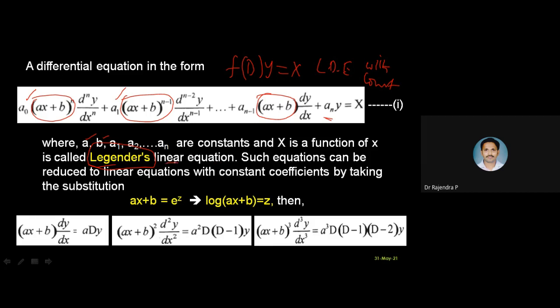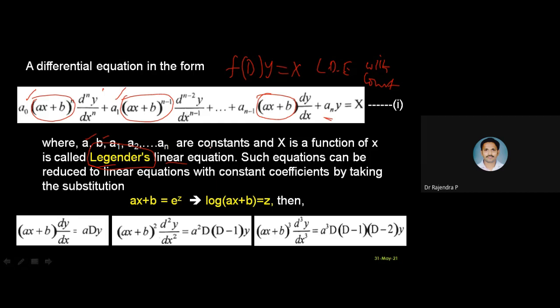Legendre's linear differential equation. Of course, it is linear as usual, because we have only dy by dx up to d to the power of n by dx to the power of n, each with degree 1. That is why it is a linear differential equation. Good. So now, how to handle this problem?